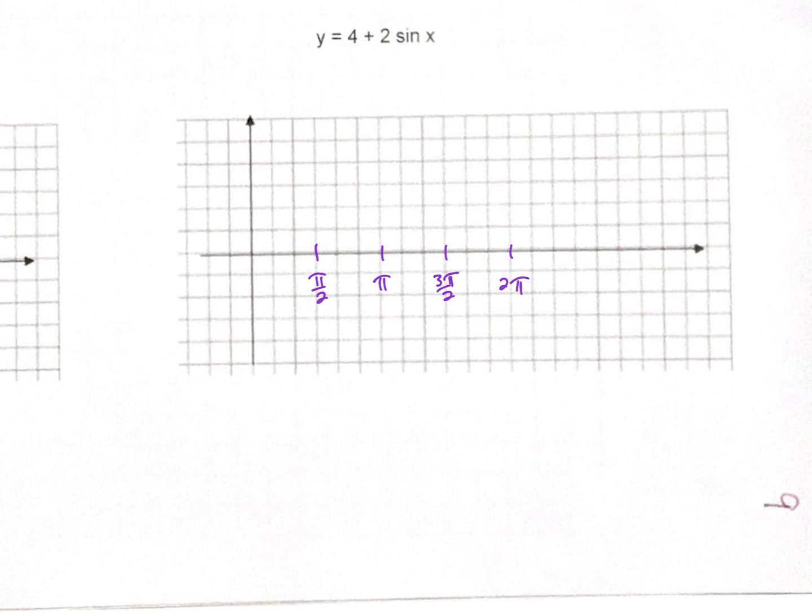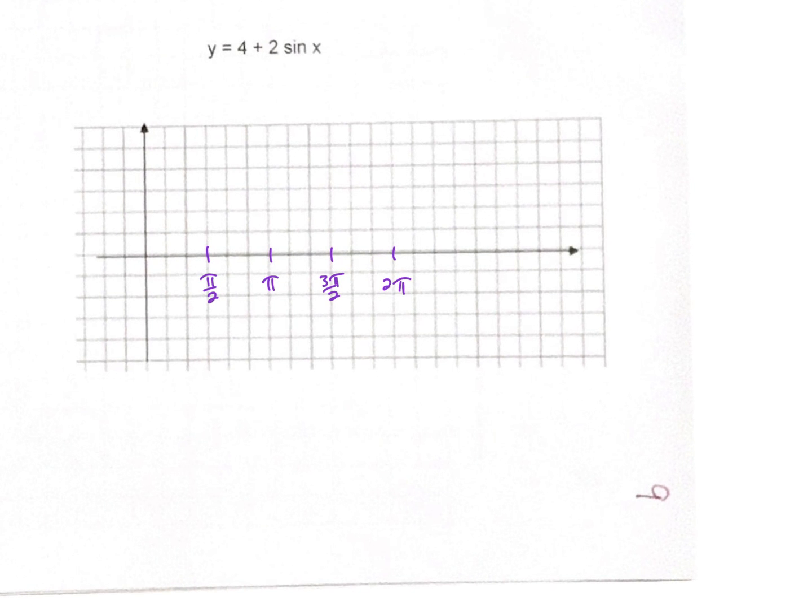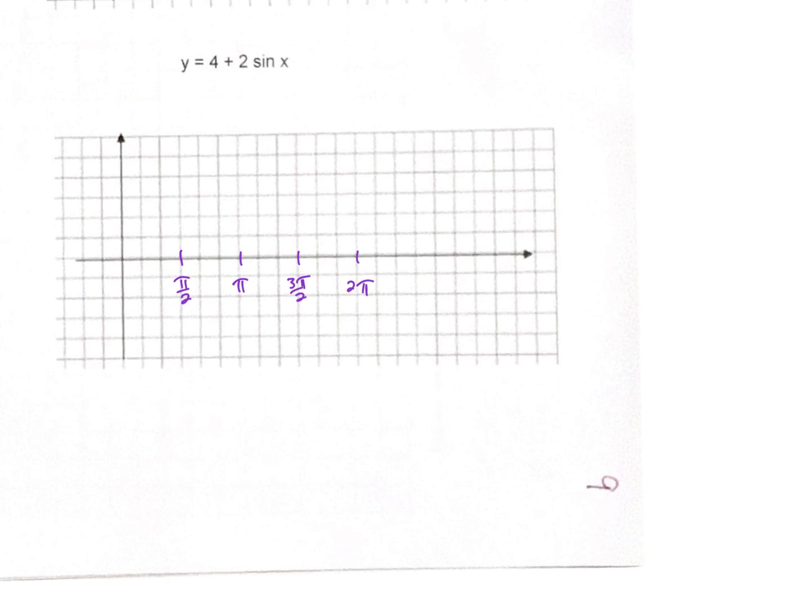One last one here before you get to try some. So this is 4 plus 2 sine x. If you notice, I've already written in the x-axis markers. And I want to do the mathematical way of dealing with this first.